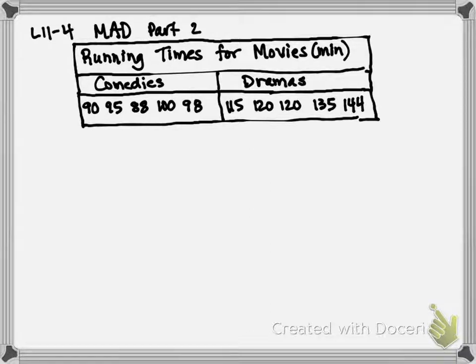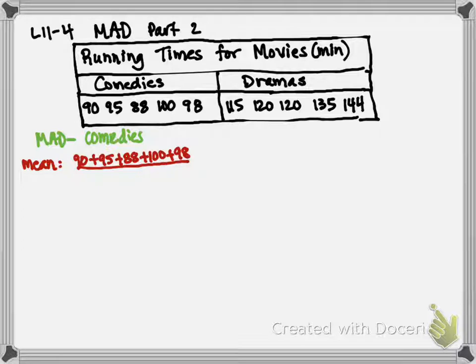So let's do the MAD of comedies. The first thing we need to do is add up those numbers to find the mean. So we've got 90 plus 95 plus 88 plus 100 plus 98, and we're going to divide by 5.